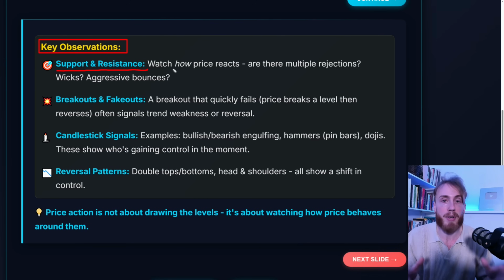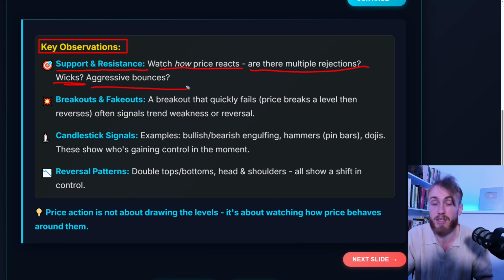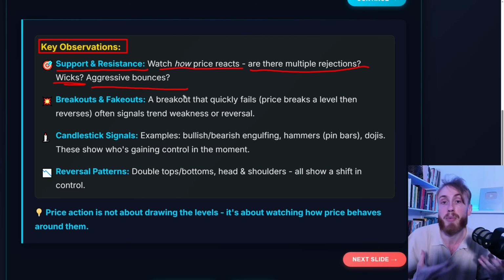So remember here, price action is not about how we draw our support and resistance levels, but it's more about how the price reacts to the support and resistance levels. So do we have multiple reactions? Do we have wicks? Do we have aggressive price movement? Or do we see hesitation, and so on and so on?